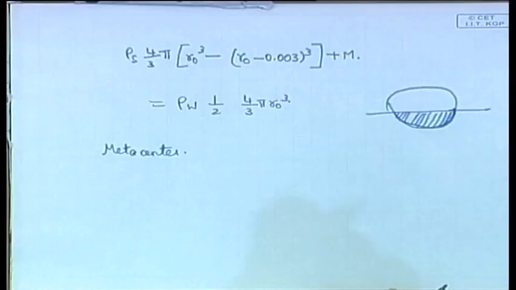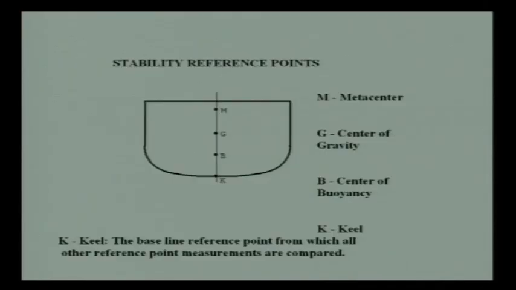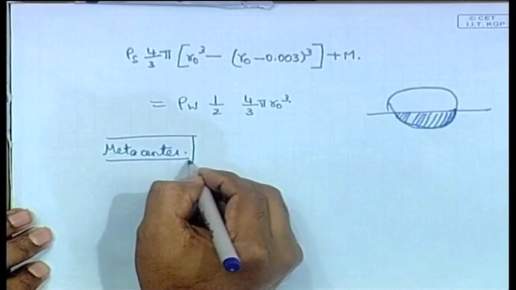If you look at that picture again, you will see at the top we are talking about something called M, the metacenter. This is the concept that we are going to work on for probably the rest of this lecture at least. So, this is known as a metacenter. I will explain what it is.